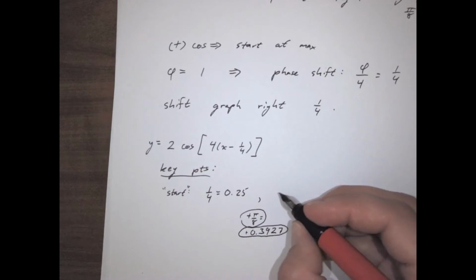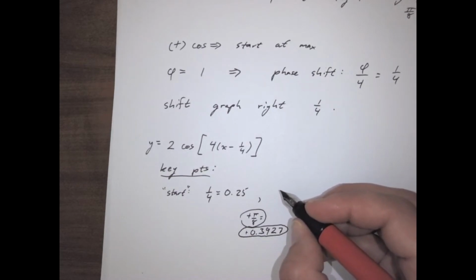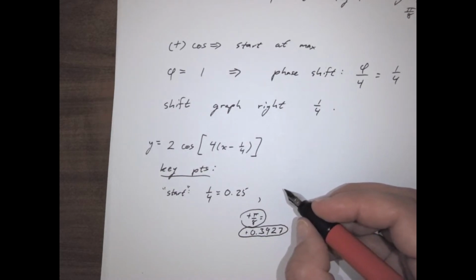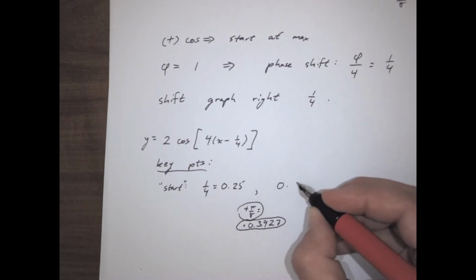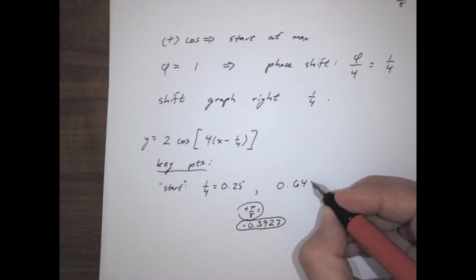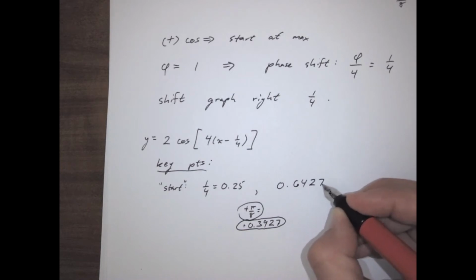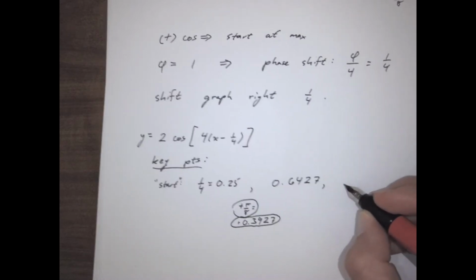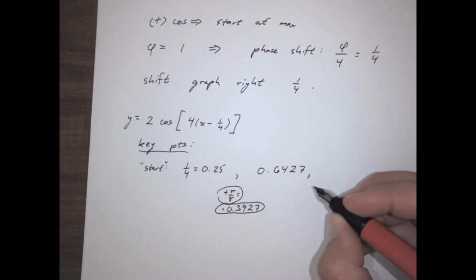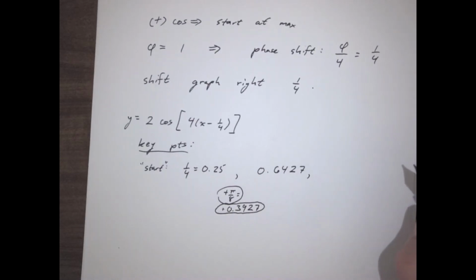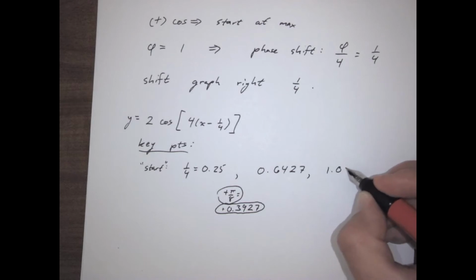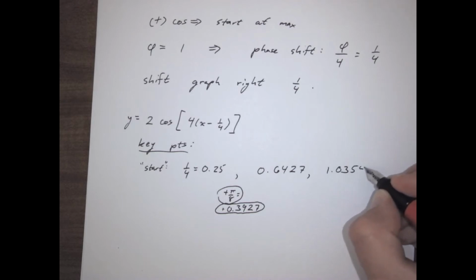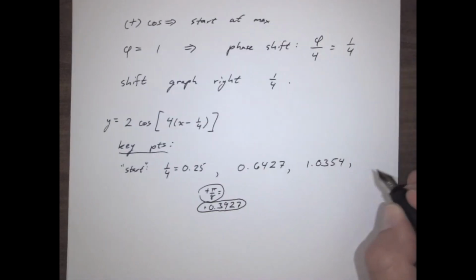So 0.25 plus that is going to be 0.6427. Then for the next one, add 0.3927 to that, and that's going to be 1.0354, if I round it.